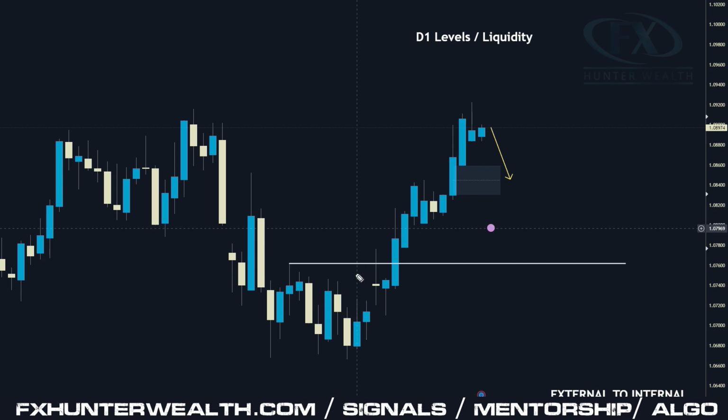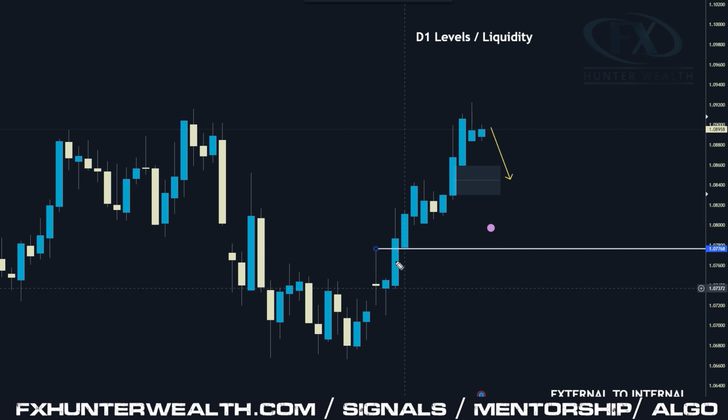Because this is also our liquidity in here, and you can see it was hit here and price closed below it, right? Once the price closed below it, the next day the low was taken, and then it continued higher. Then once the price closed above it, you can see how we continue up, right?